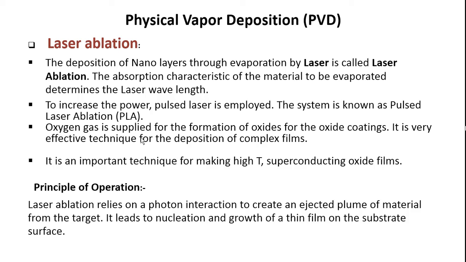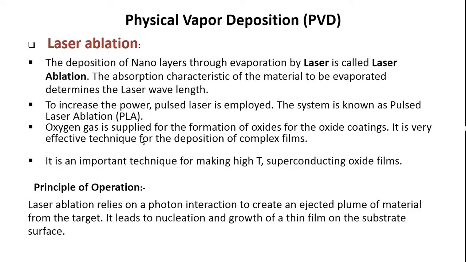The absorption characteristic of the material to be evaporated determines the laser wavelength. To increase the power, pulsed laser is employed. This system is called pulsed laser ablation, PLA. Oxygen gas is supplied for the formation of oxides for the oxide coating. It is a very effective technique for deposition of complex films.